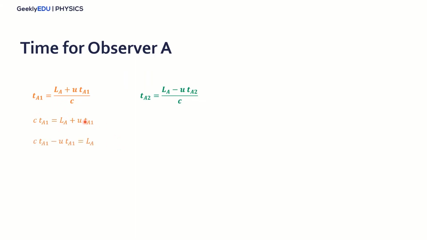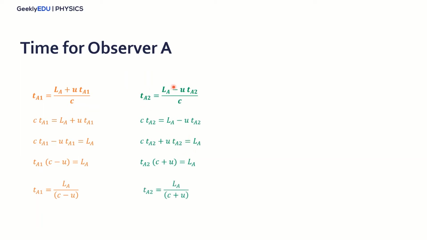Then we can put everything related to TA1 to one side of the equation, and we can factor this TA1 here. So we have TA1 times C minus U equals LA. Can keep going a little bit further and say that TA1 is LA over C minus U, and do the same thing for TA2. It will be exactly the same calculations, okay? But now instead of a positive sign here, we have a negative sign.